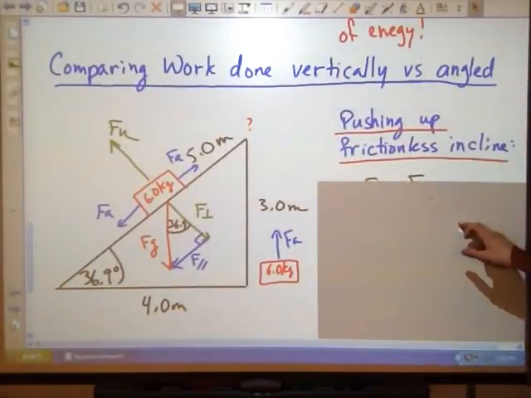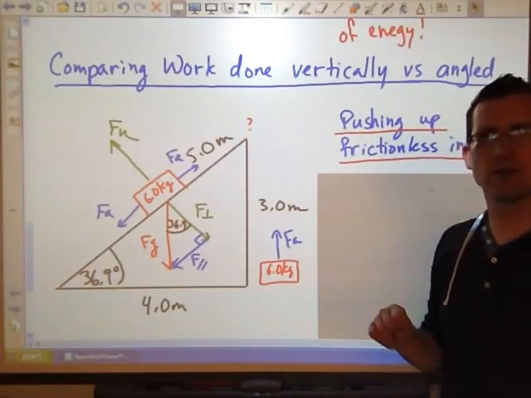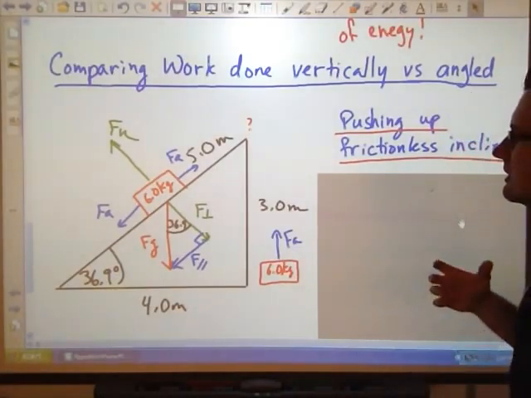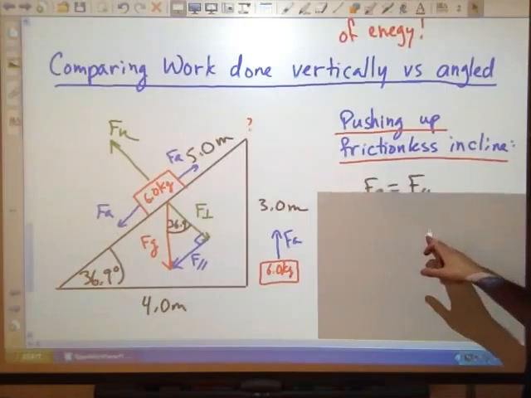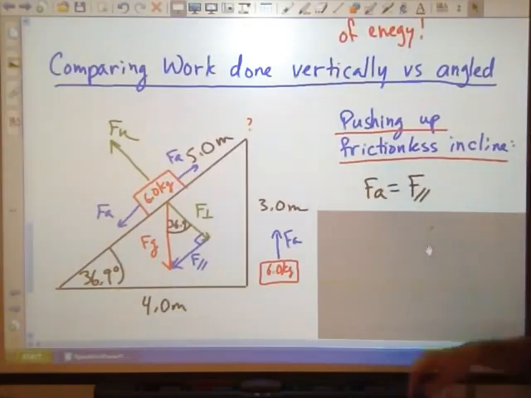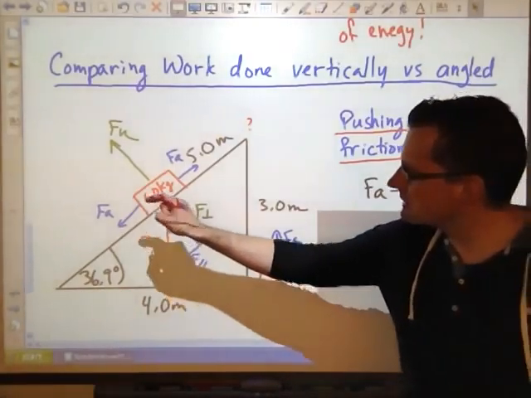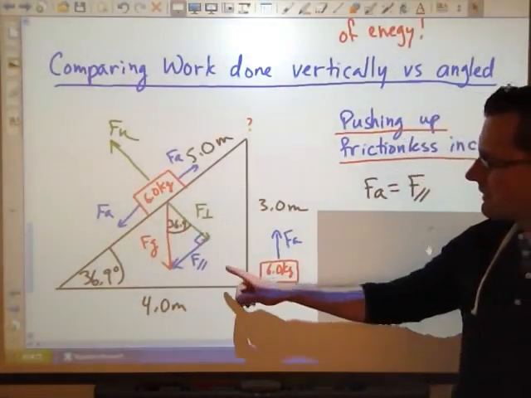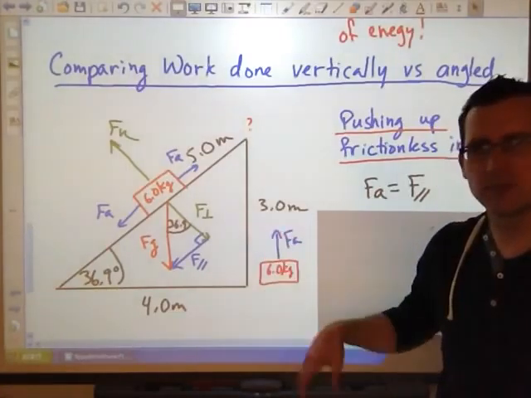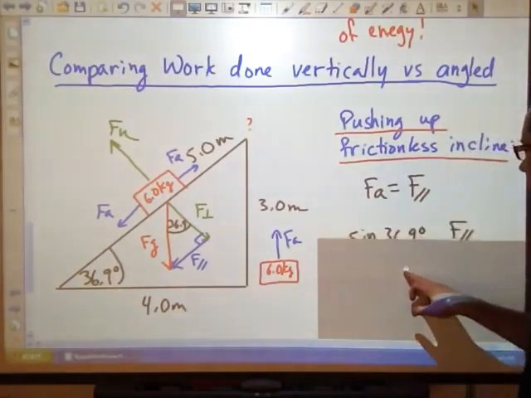So if I look at pushing it up, first of all, we'll assume it's a frictionless plane. Otherwise, we're going to run into other issues there. So we have, earlier in the friction unit, F parallel is equivalent to FA. So if I can figure out F parallel, that'll give me FA. Quite easy.